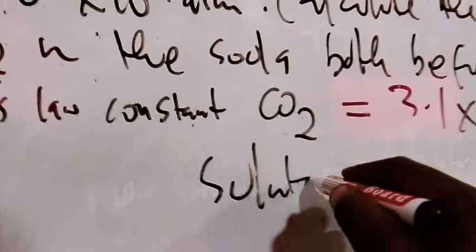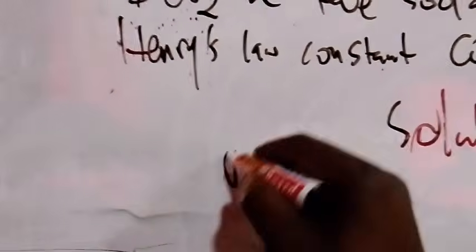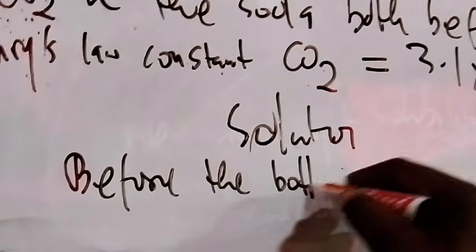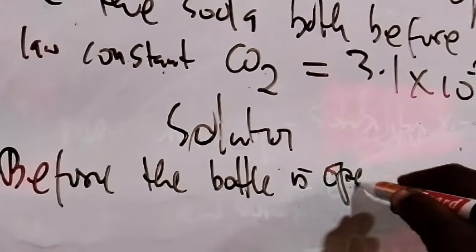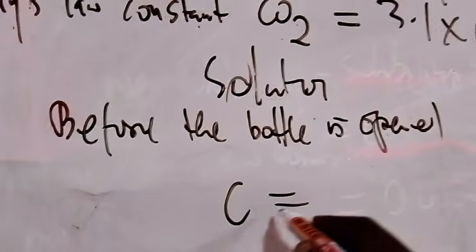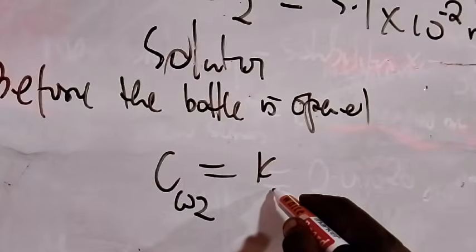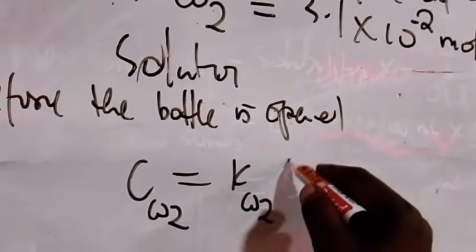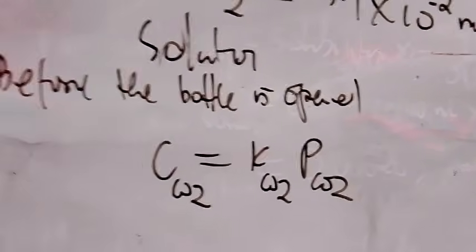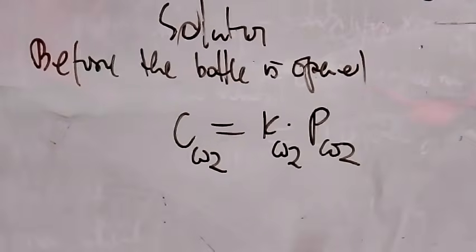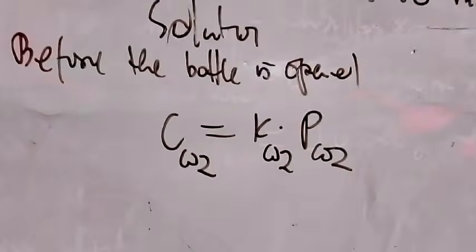Solution. So the first one is before the bottle is opened. Okay, so we know that C, the concentration of carbon dioxide, is equal to K times P. Henry's law is C equals Kp.